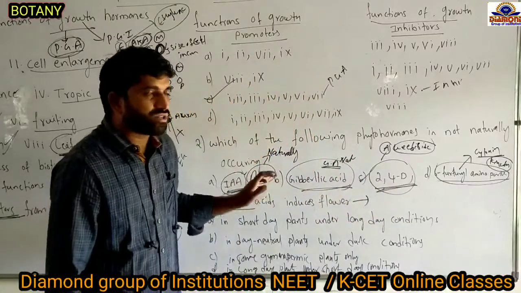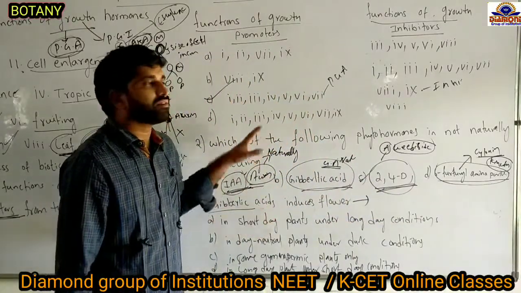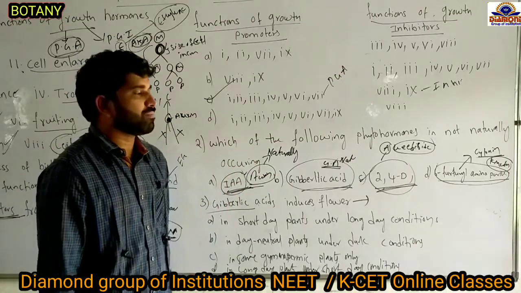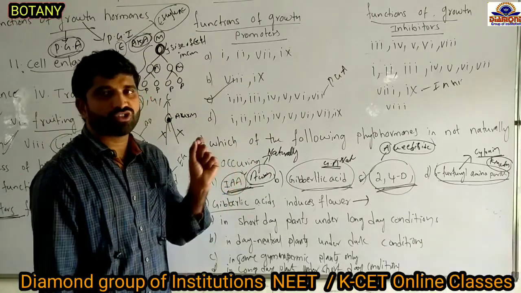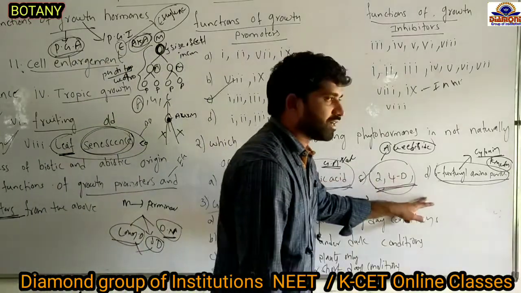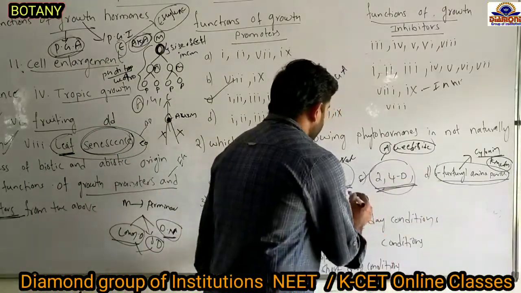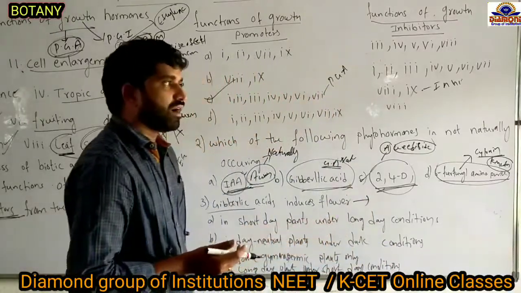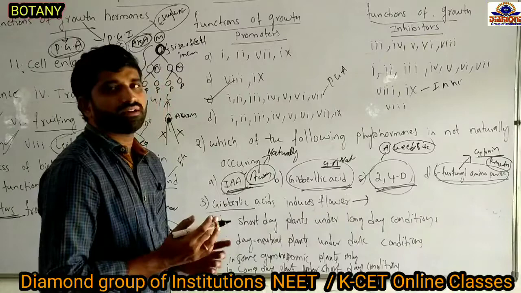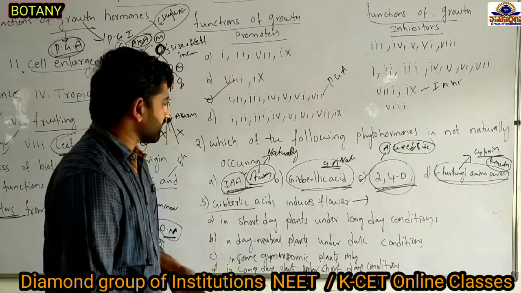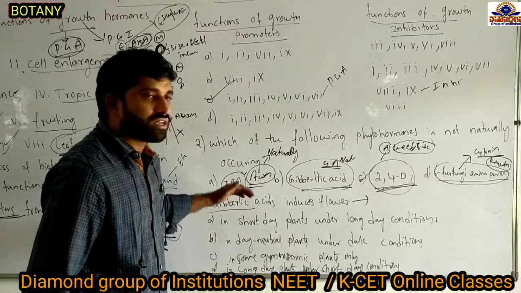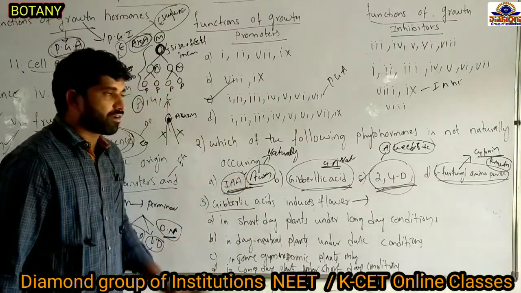When we treat them with gibberellic acids, those long day plants can produce flowers even in a short period of daytime. Means long day plants can be converted into short day plants by gibberellic acids. That is the character of gibberellic acid: they can induce flowers even in long day plants, in the form of a short day plant.